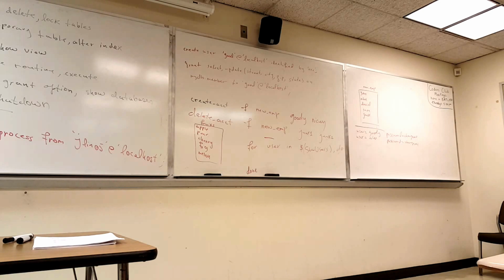I could say if dash z followed by $x. That means what? If this guy is empty, right? Then return false, it means this is false. We cannot say return. We should say echo false, because return doesn't do that job for us.